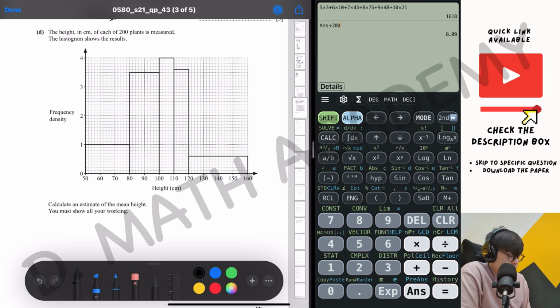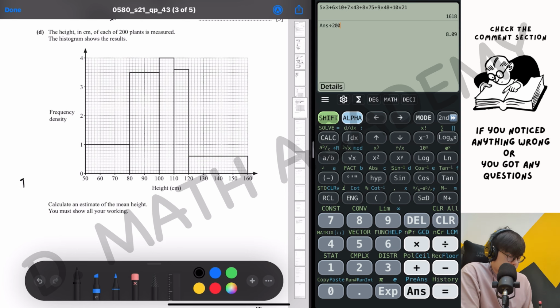So there are a few things that you need to know, which is to calculate the respective frequencies. So we have our height as 1, which is frequency over class interval. So 80 minus 50, you will get 30 for this. So the first group, the frequency is actually 30. Okay, but I don't want to confirm it yet, because after you calculate everything, you must make sure that it will result in 200.